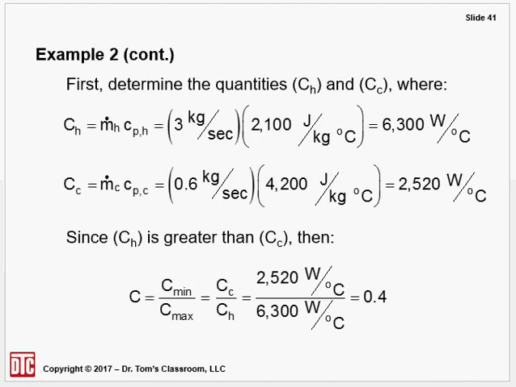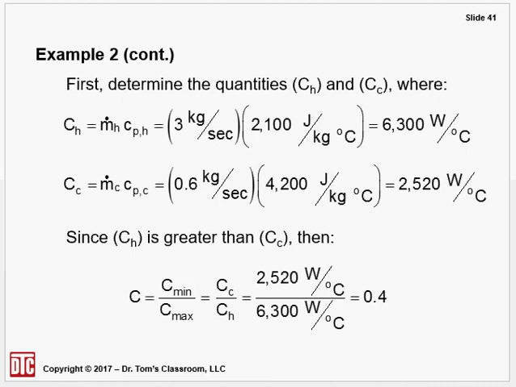If we put that into our expression for C, 2520 divided by 6300 comes up exactly 0.4. Again, I played a little bit with the numbers so it would come out that way so you can read the chart a little bit easier. It doesn't always happen, but for this one it did.